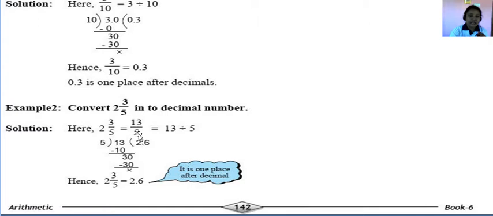While dividing 13 by 5, 5 times 2 is 10, 3 will remain, and we can keep the decimal point here and place a 0. Then 5 sixes are 30, the remainder will be 0, and the answer is 2.6. So this is how we can convert a fraction into a decimal.